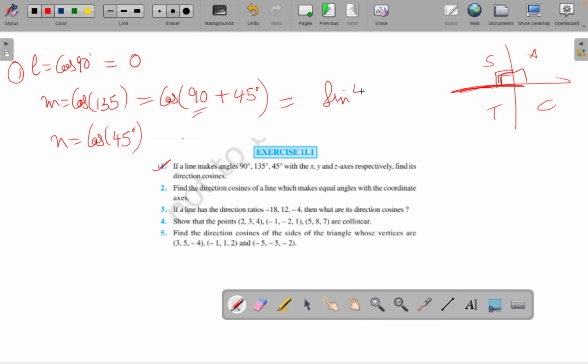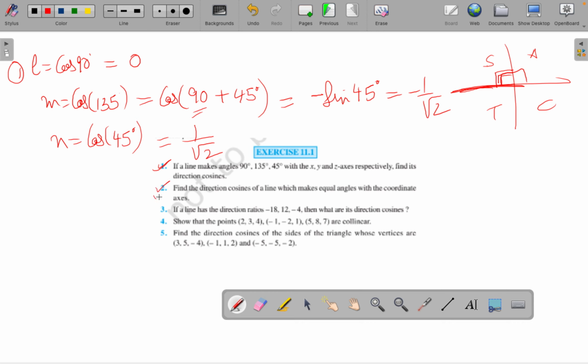That means the answer will be sin 45, and since cosine is negative in the second quadrant, this is negative. So you know the value of sin 45? That is minus 1 by root 2. Similarly, cos 45 you already know, that is 1 by root 2. So that is how we will find l, m and n. That is the direction cosines.